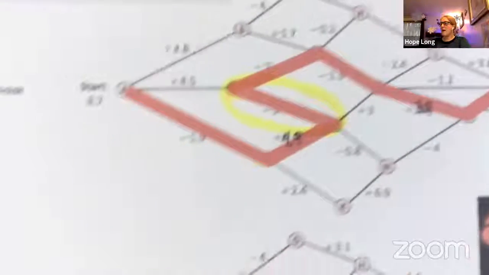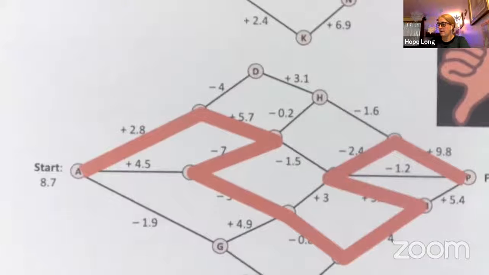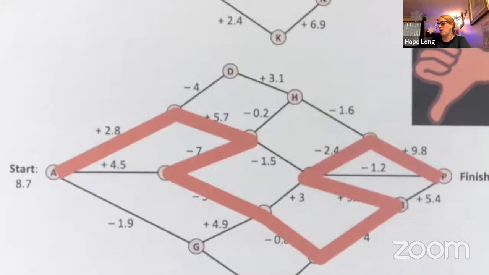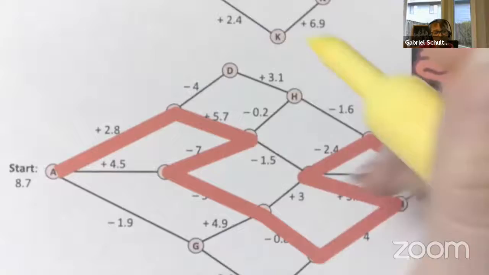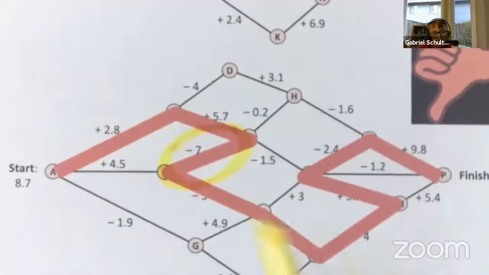Okay, what about this one? Why was this one marked as a no? Gabriel, why do you think this one was marked as a no? Because at the -7 mark, this person was going backwards, and you can't go backwards.